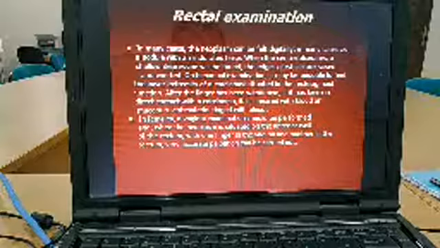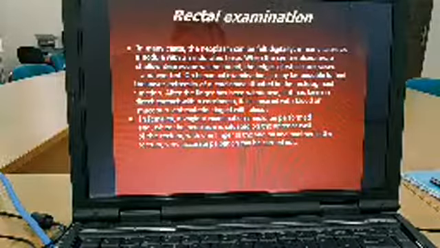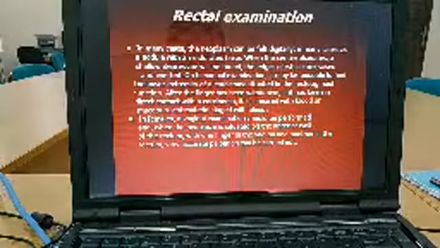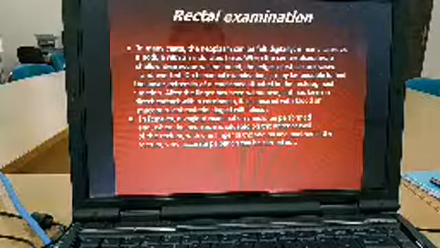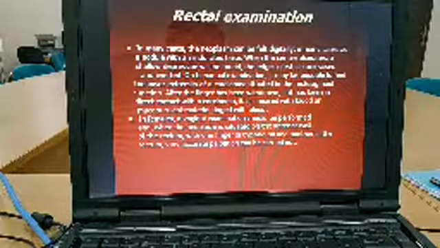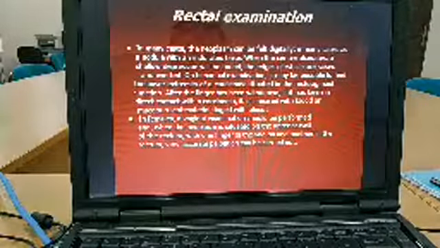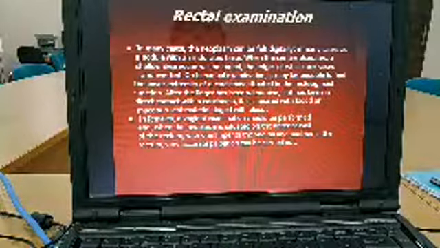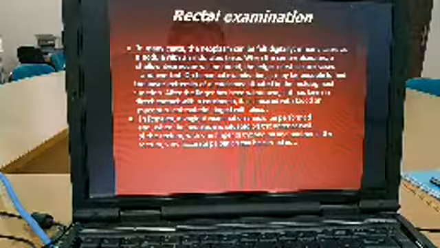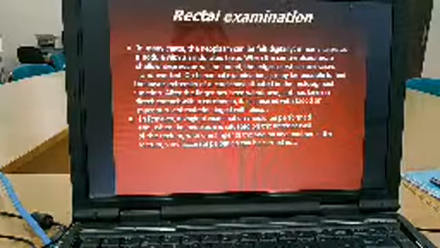The rationale of the digital rectal examination is to find out the location of the tumor, where it is located, to determine the type, and to see the extension of the tumor. Our findings will depend on the types.